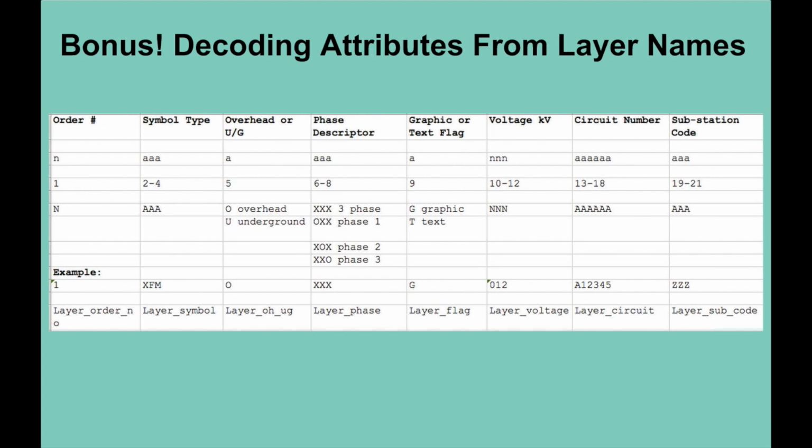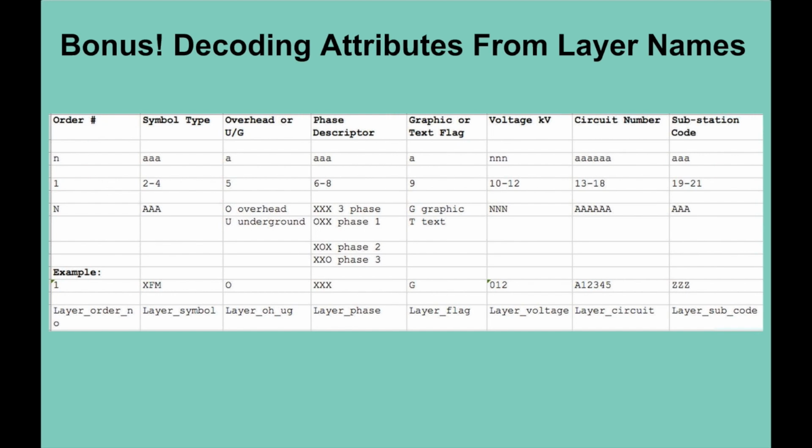And so here you see in this little Excel map that the first digit of the layer name is the order number, characters 2 through 4 are the symbol name, and then character 5 was this overhead or underground indicator. And then you can just sort of see how the layer name could be decomposed to determine what was really going on at that spot.